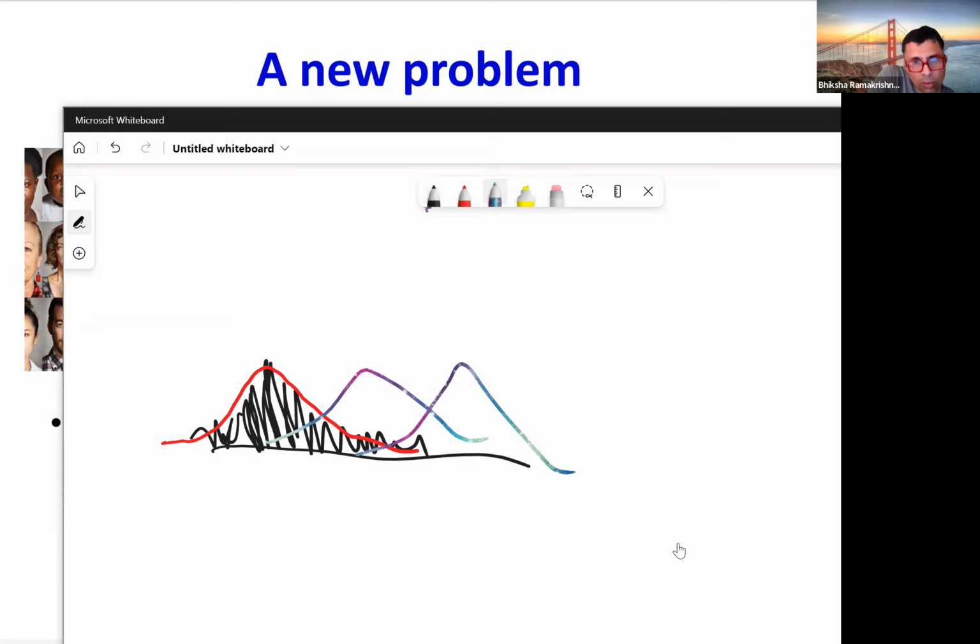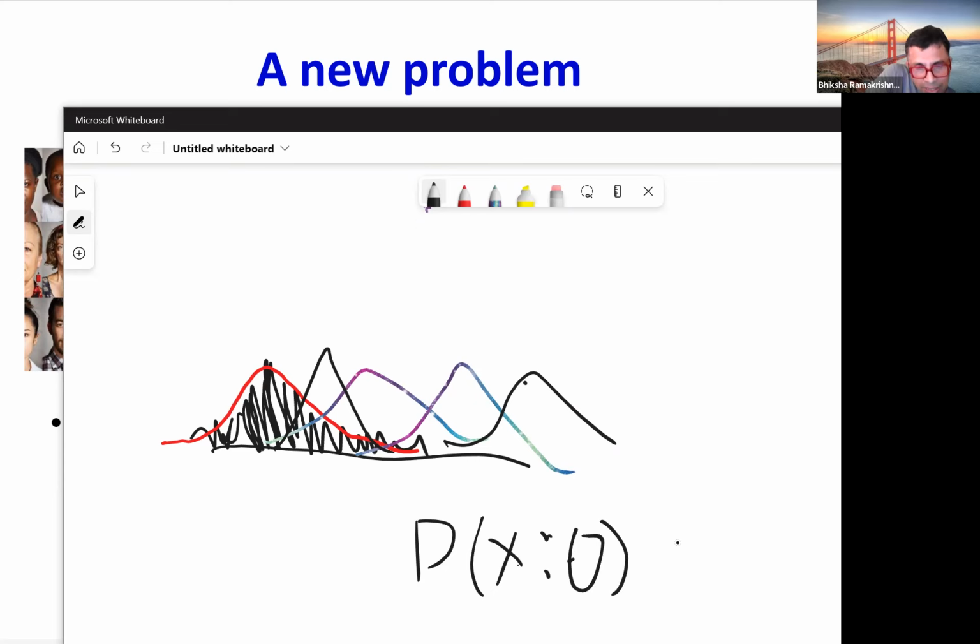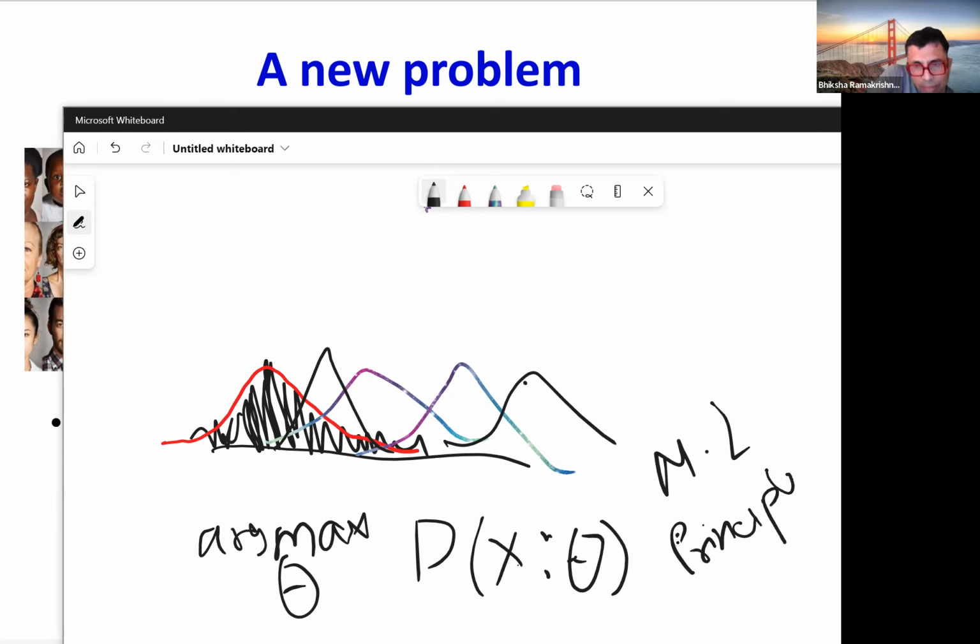So what you will do is consider all the Gaussians, and you have the data P of X, and you have the Gaussian, which I'm representing by theta, and you're going to find the Gaussian which maximizes the likelihood of this data. So this is your maximum likelihood principle for estimation. Everybody familiar with this?